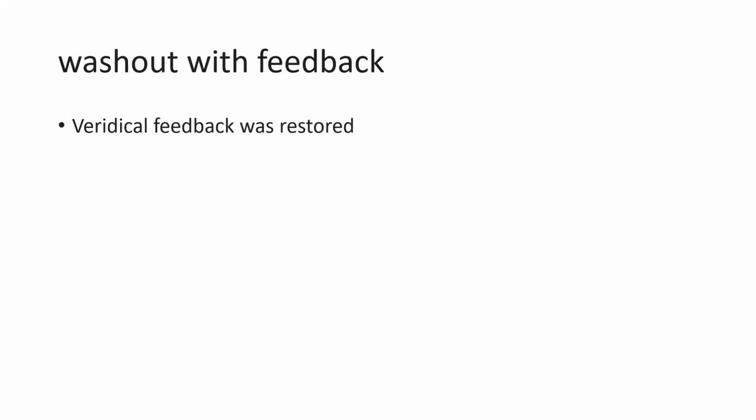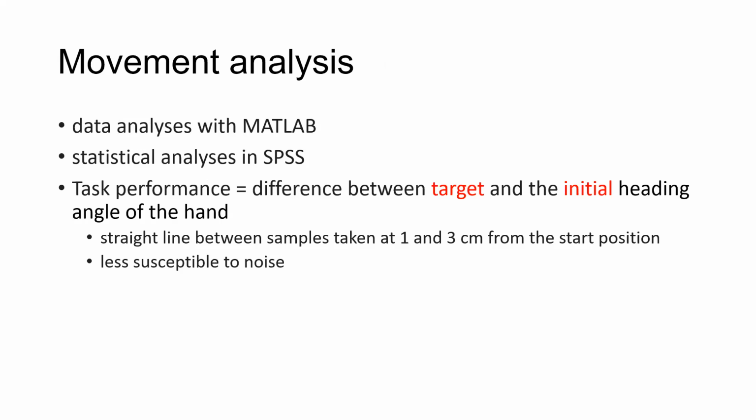For the final block, feedback is restored, so cursor feedback and aiming and landmarks are added back in. Researchers analyzed the movement data with MATLAB and SPSS. In both experiments 1 and 2, task performance was defined as the angular difference between the target and initial hand movement.